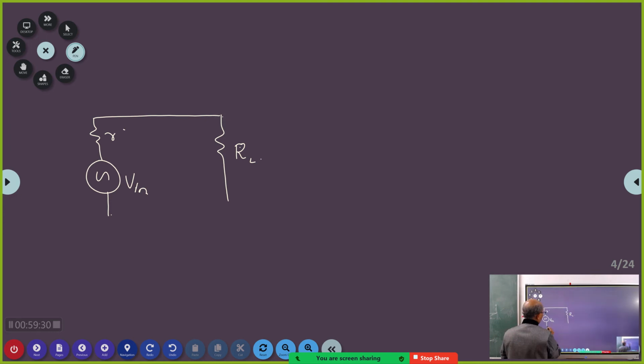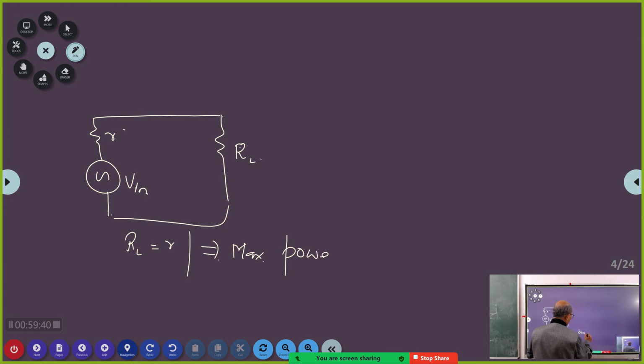Boy has got good memory. So if RL is equal to R, then this implies what? Maximum power transfer. I think we have proved this. Yes, sir. So this is it.